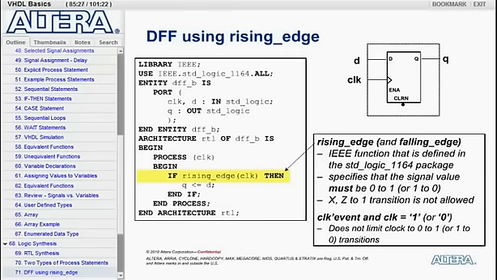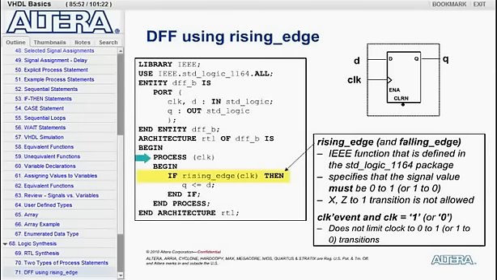Let's say, for example, you want to build a D flip-flop. The IEEE has defined a function called rising edge that allows us to check the clock looking for 0 to 1 transitions. So here we have our logic, and down in our process we have a process that is only sensitive to clock.